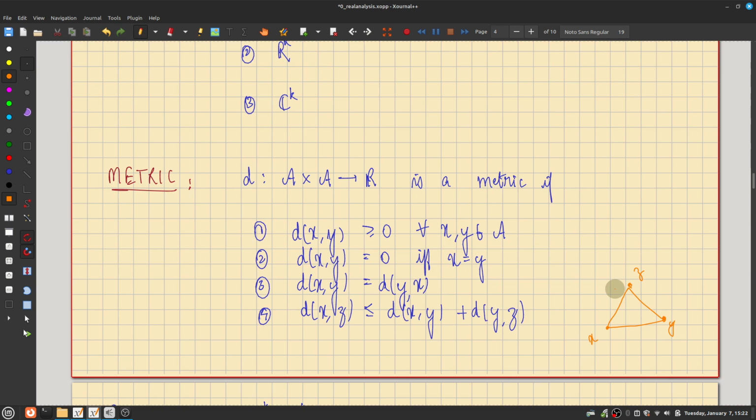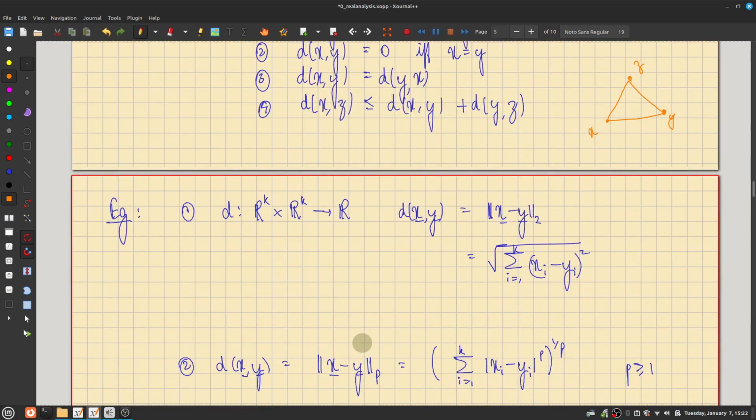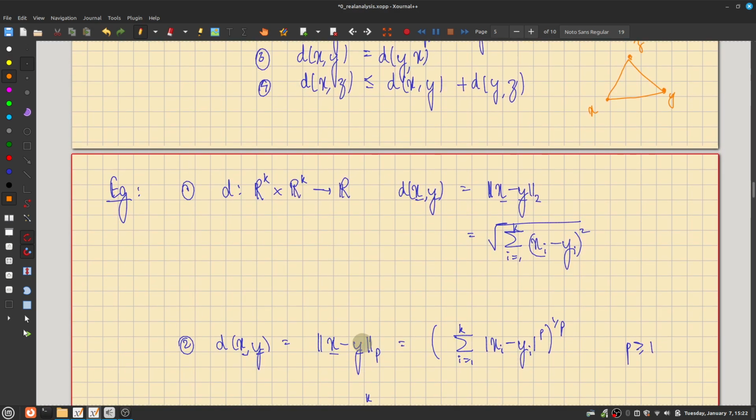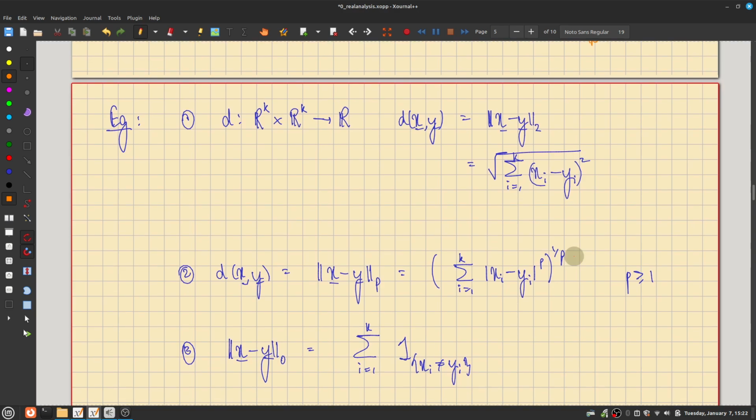Right? So it has to satisfy. So any function that satisfies these 4 properties is called a distance or a metric. The most common example is the Euclidean distance that you're all familiar with, right? But more generally, you can define other notions of distance in Euclidean space itself.